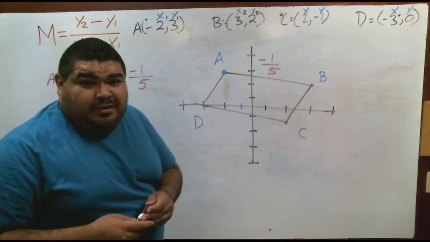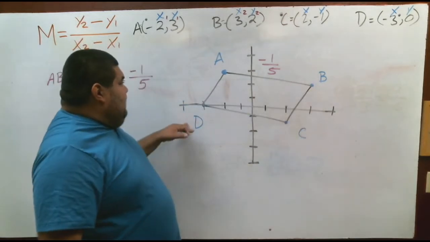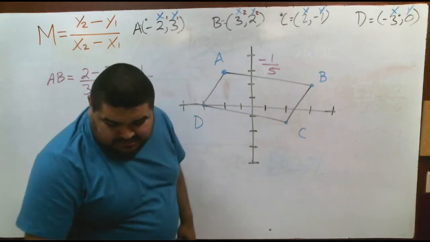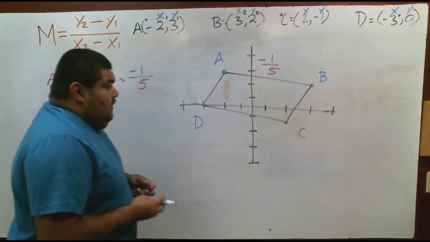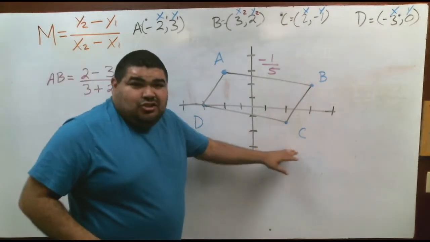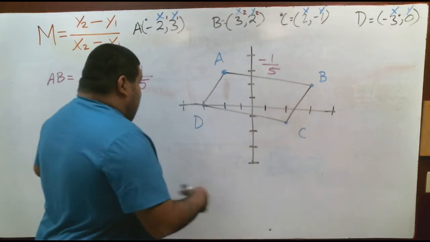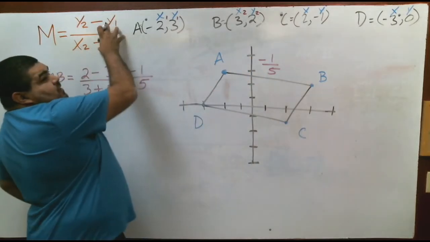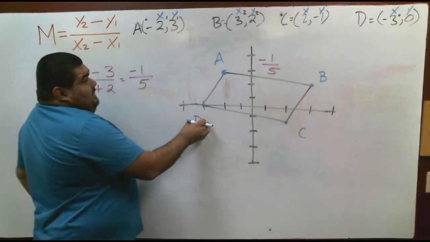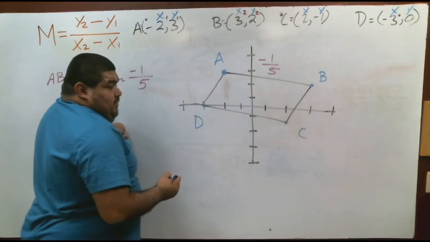So we're done with 1. We still have 3 more to go, because remember, we start off BC, CD, DA. We're going to solve DC just to make sure we're on the right path. They both work. Okay. So again, we're going to use the same formula for slope. We have D, which in this case is negative 3 and 0.